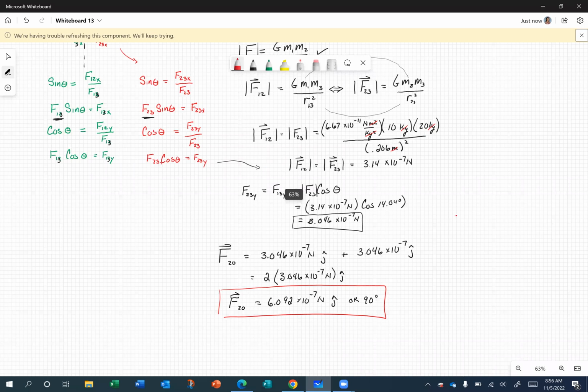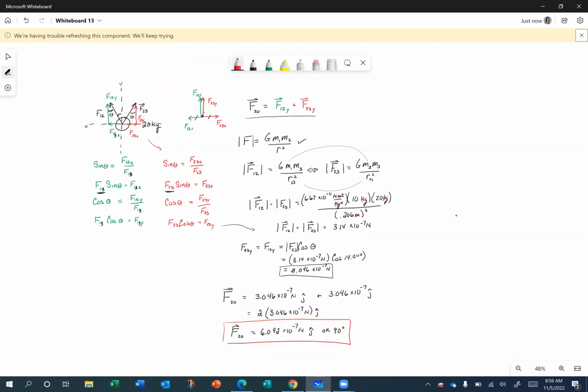So again, recognizing that the two forces are going to be equal to one another, that the x components cancel, you only have the y components of the forces. Finding that y component using SOHCAHTOA, adding those together, both in the y direction, gives us our final force on the 20.